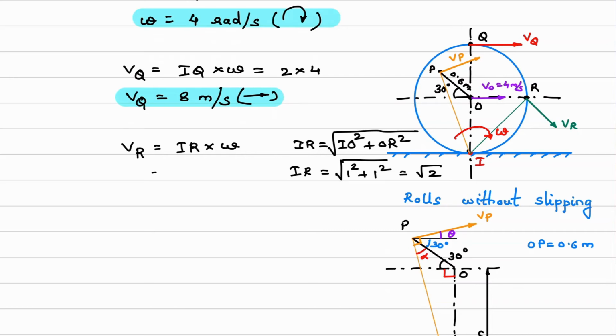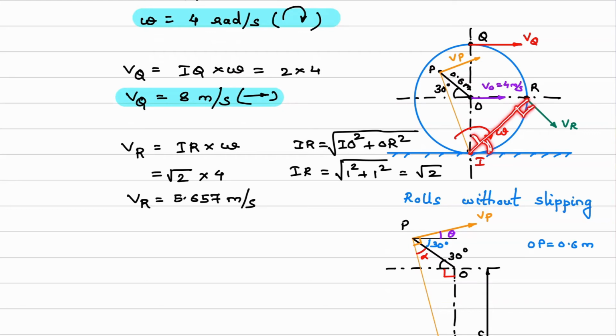So substitute the value. IR is under root 2, into omega is 4. So velocity of point R is equal to 5.657 meter per second. Now what is the angle of this velocity? If you consider IR, here this angle will be 45 degree, this angle will be 45 degree, and this is 90 degree.